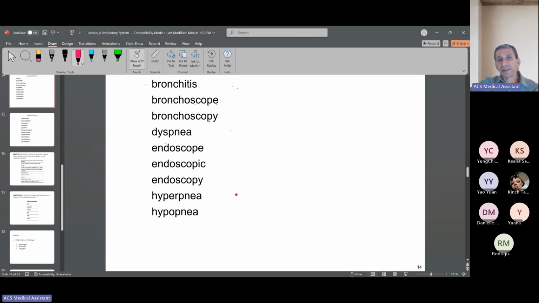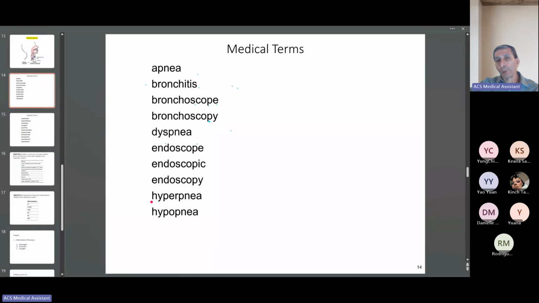Okay, next, hypernia. Remember again, nia is the suffix, which is a combination of the word root and the suffix, and hyper, which is the prefix.